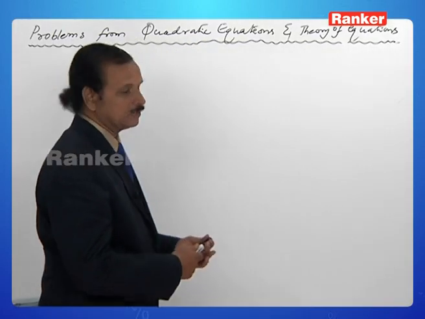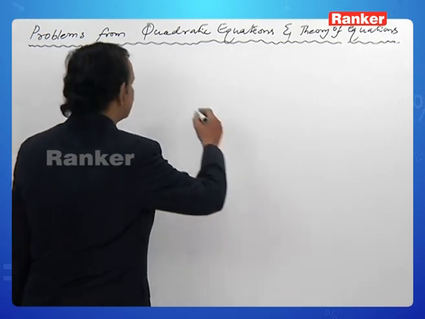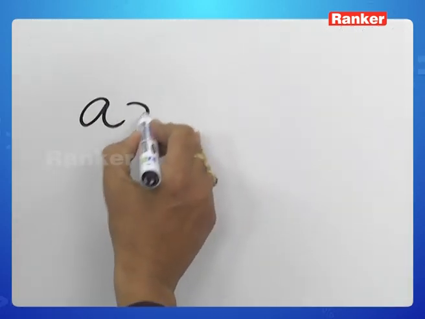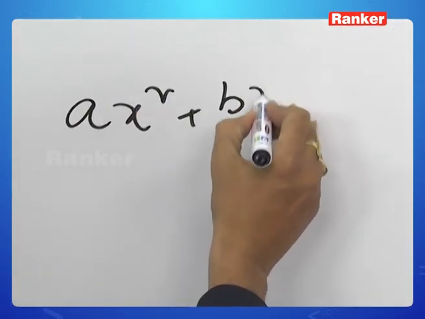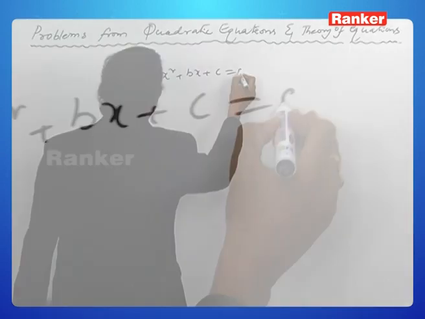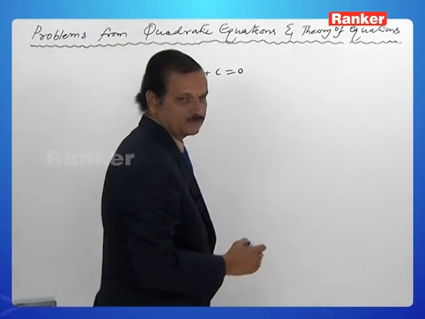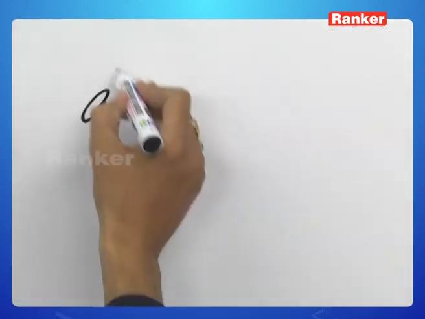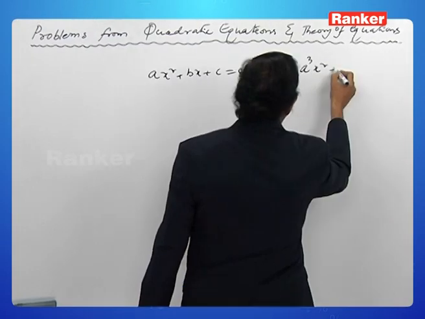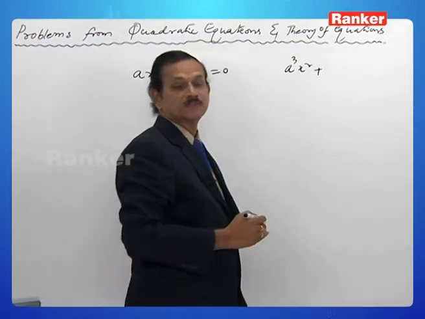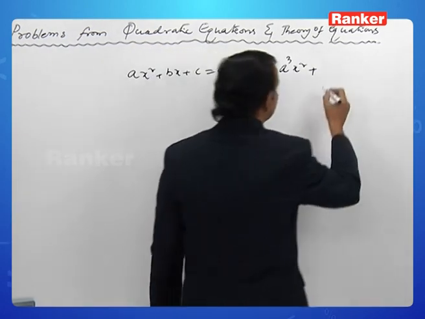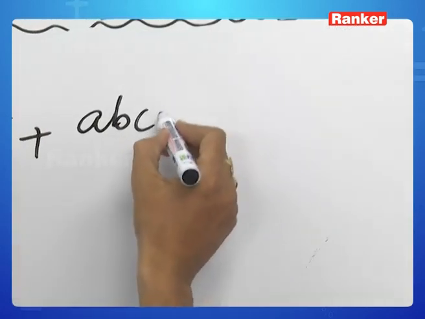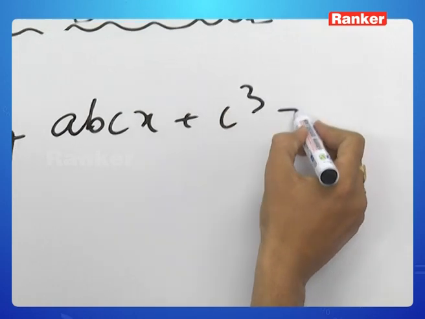Let us have a check. What are the given equations? First of all, the first equation is ax square plus bx plus c is equal to 0. And the next equation is a cube x square plus abcx plus c cube is equal to 0.